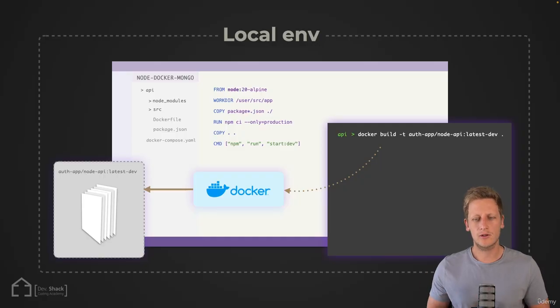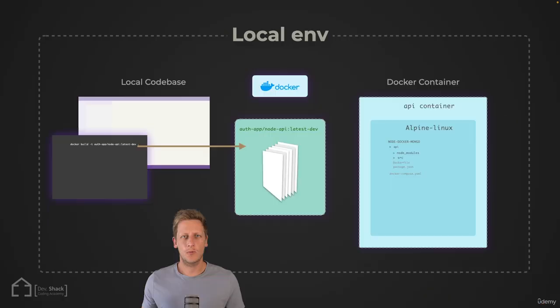Whenever we run that Docker build command, you can just think in your mind that Docker creates a snapshot of our code base at a specific point in time, and whatever is in the code there will then be contained in that image. Once that snapshot's been taken, that's what you're going to get when running in your Docker container. Once we have those images created by Docker and tagged with the latest dev tag or whatever you tend to name it, the next step was to execute the Docker run command.